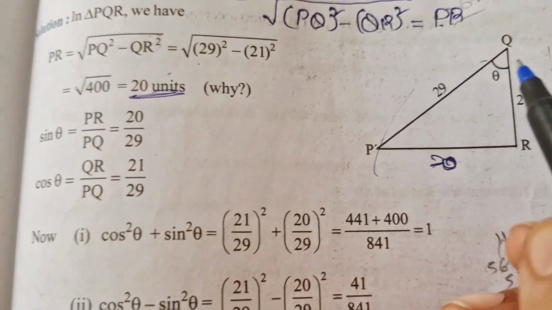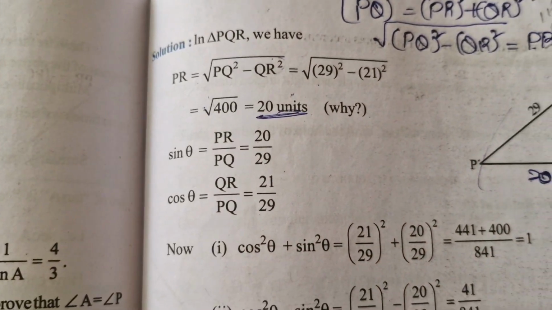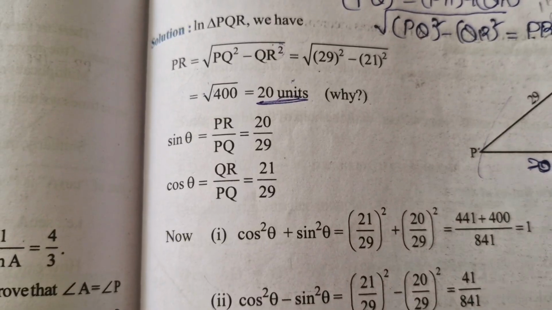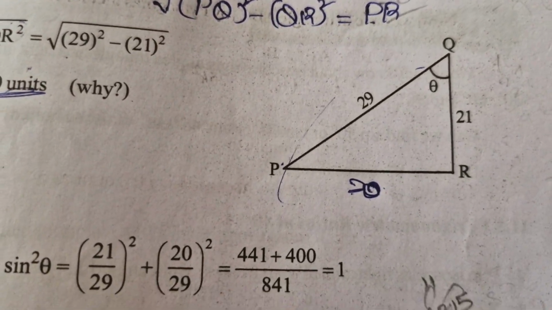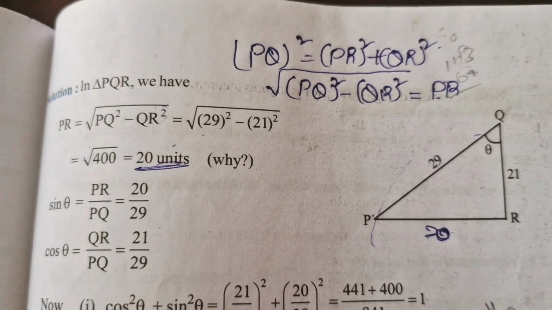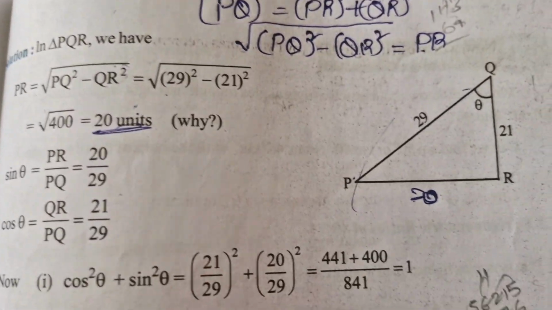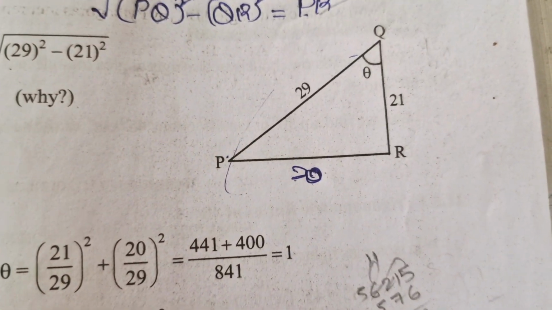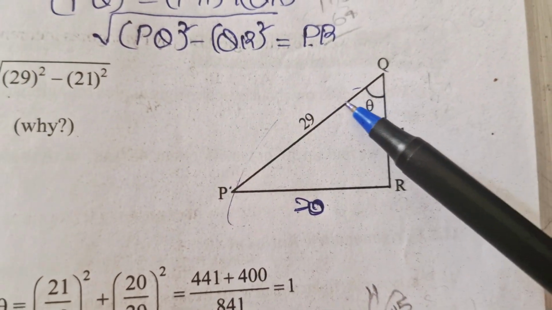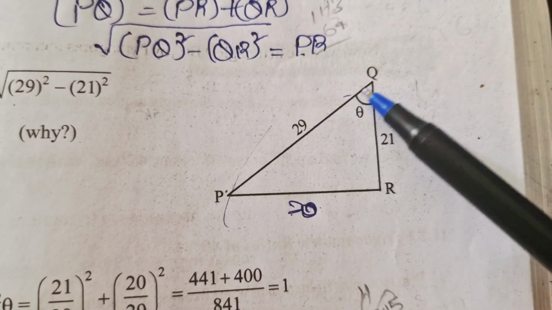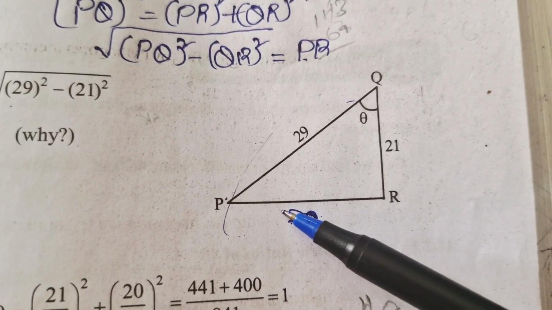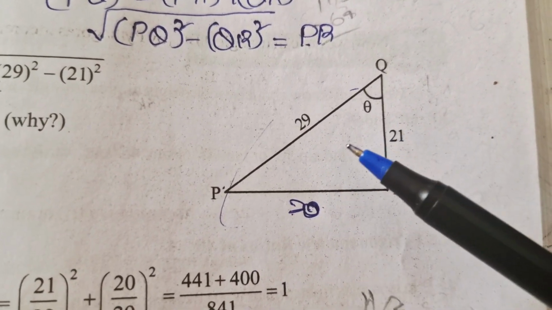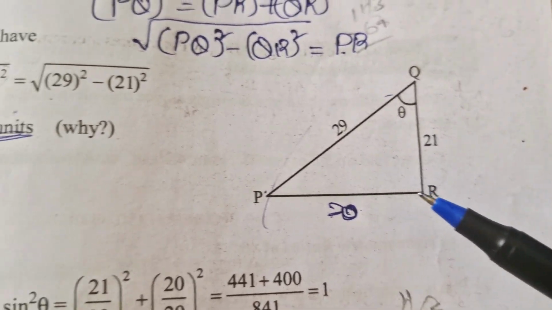Or simply we can use another method also by taking sine. Since there is no value of theta here, we are using the Pythagoras theorem. If we have the value of theta, we can simply apply those ratios like sine theta, cos theta. You will know that method in further examples.